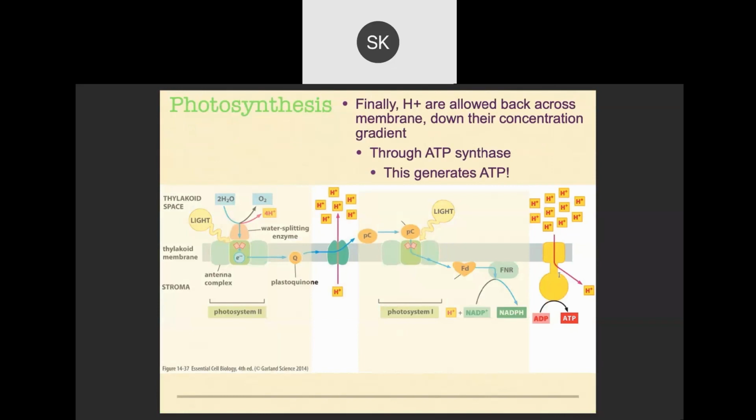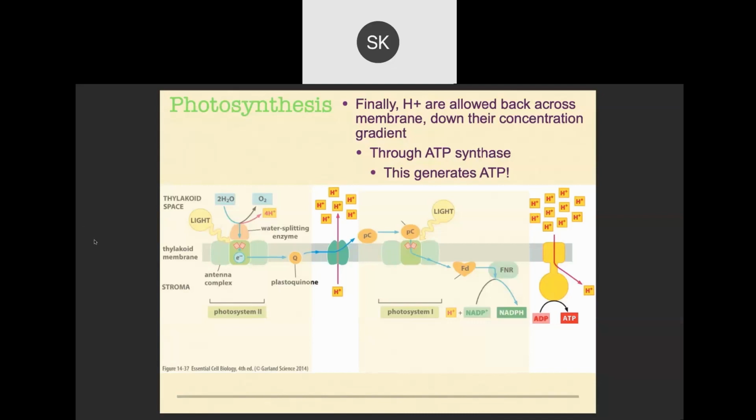Again, the electron gets the photon of energy, and then it's being passed around, and then it gets re-energized for photosystem 1. That was photosystem 2, this is photosystem 1. So the thing to remember here is that the electron gets energized twice, but we only use one molecule of water, which is at the very beginning, because we're using the same electron.